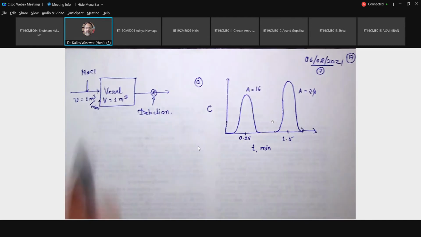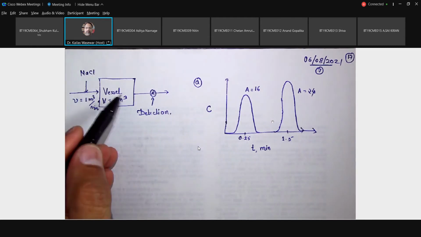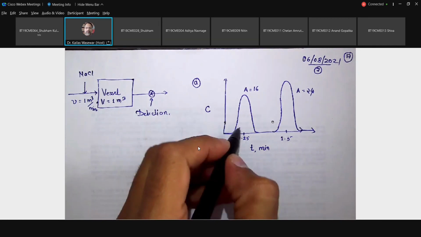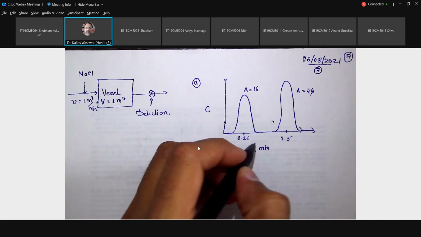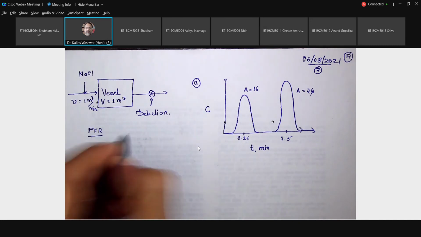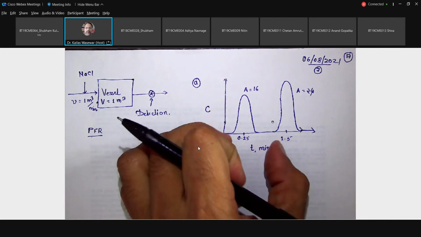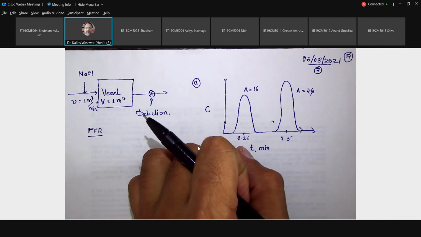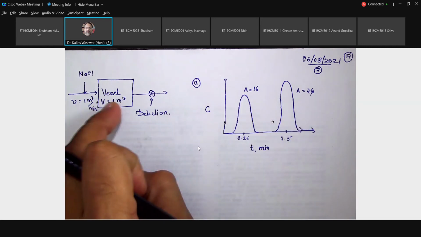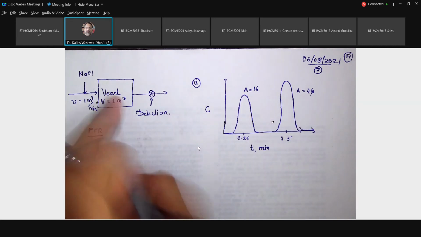So when we are giving the pulse in one kind of reactor, we are getting this kind of curves. What can you think about it? You will get such a curve when you have a PFR, is it? Because there must be a sharp peak, but here is a slight spread, that means there is plug flow. Now we are getting 2 peaks, but here it is only 1 reactor.